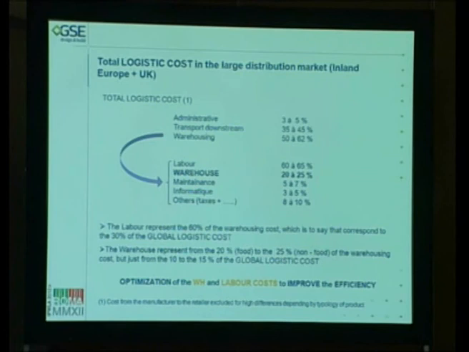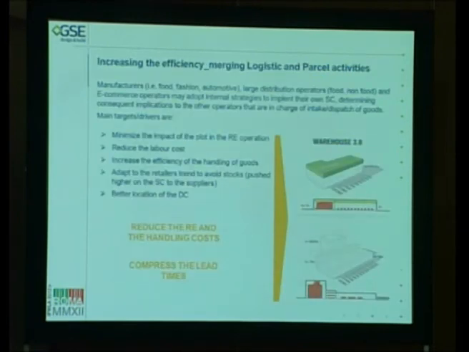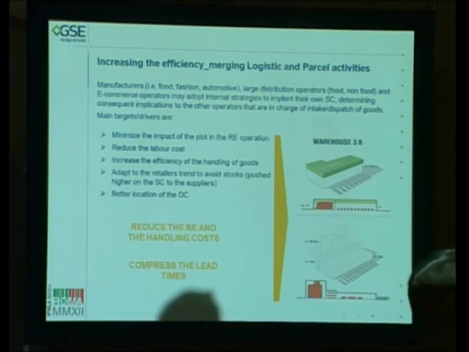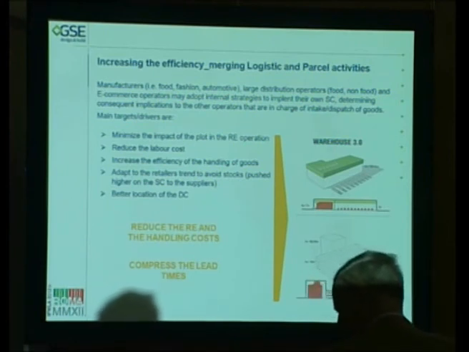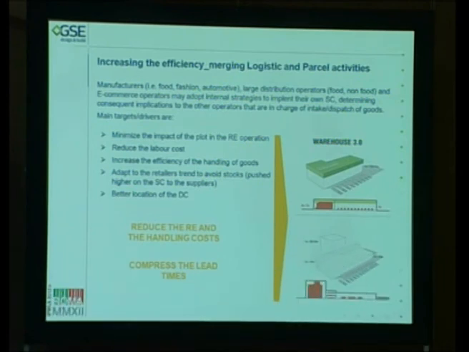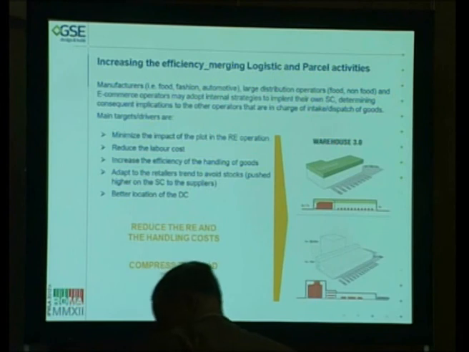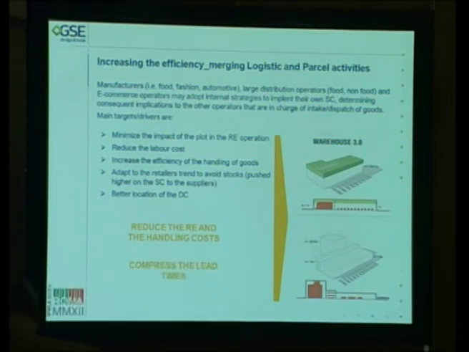These are the two main figures which build the total logistic cost, and are also, if we see the common trends, the axes along which the main operators are looking for more efficiency. The first tool which is used is merging logistic and parcel activities. Many times the compressed lead times in markets like e-commerce, like fashion, several times also like automotive, obviously ask for really compressed handling times.